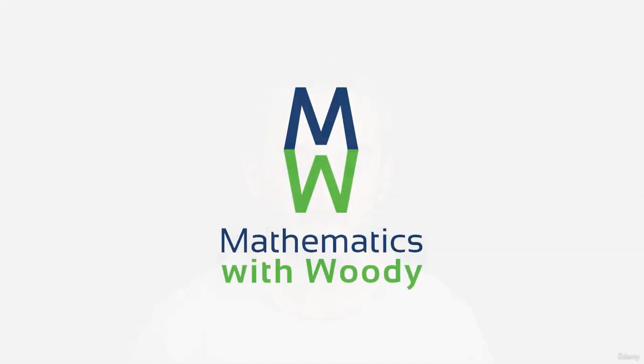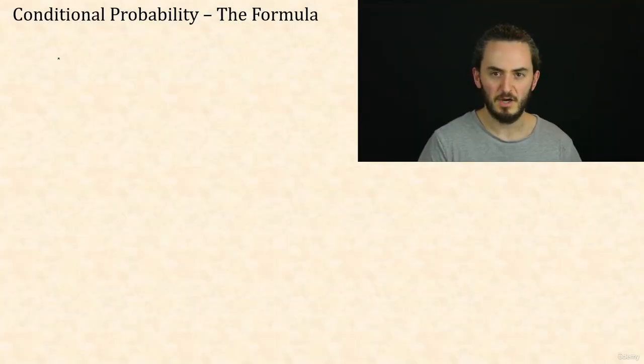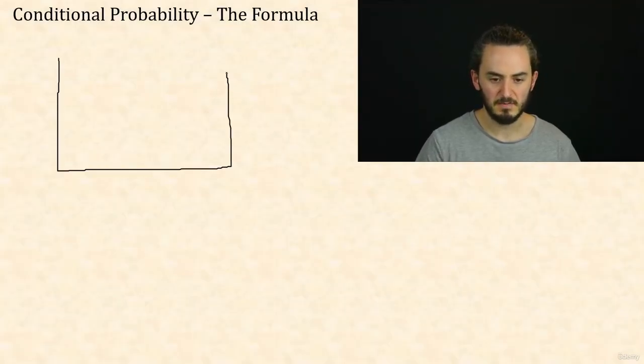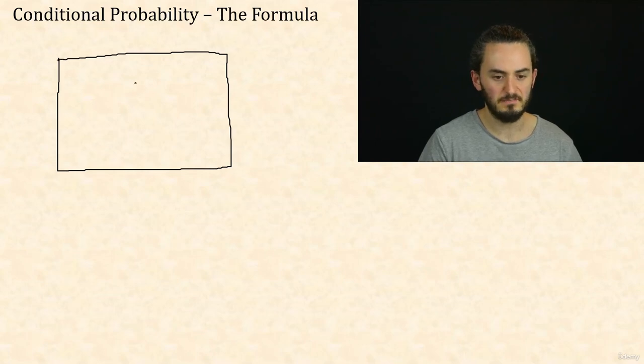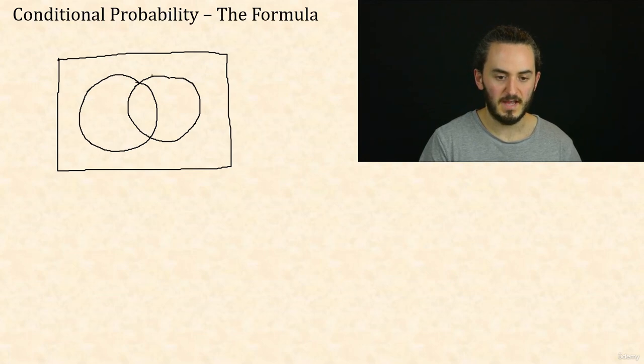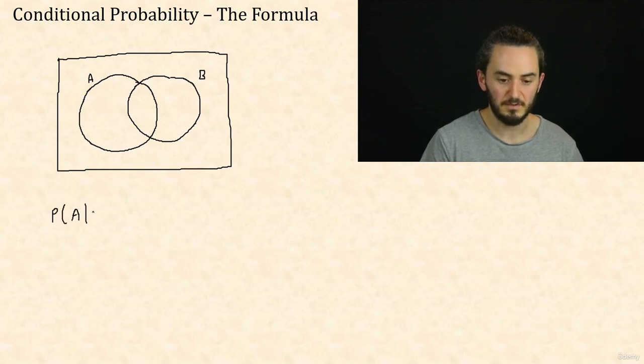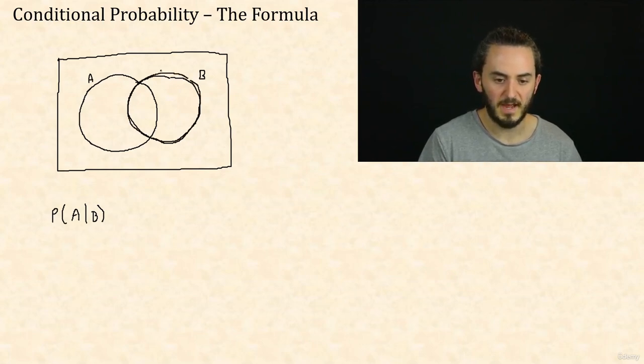Now that we've taken an intuitive look at conditional probability, let's formalize that and come up with a conditional probability formula. So what we've seen so far is that if we have our probabilities represented in a Venn diagram like this, we're just going to go with a simple case, with A and B. If we want to work out the probability of A given B, what we did is we restricted our view to just the stuff in B, and we said out of that, what's the probability that it was also A?